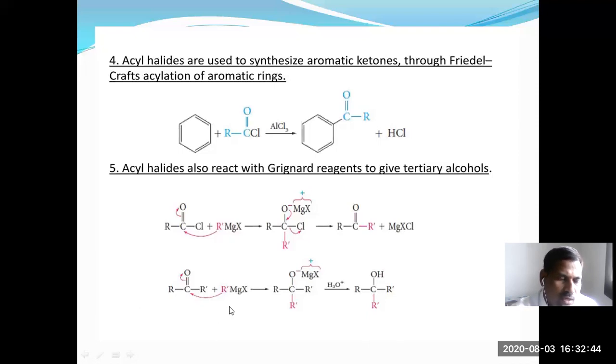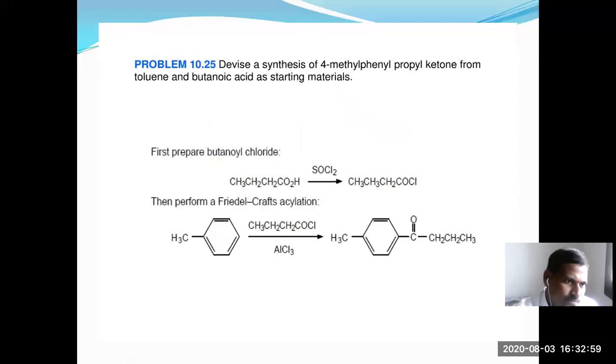That ketone reacts with another mole of Grignard reagent, alkyl magnesium halide, followed by hydrolysis, and the tertiary alcohol is formed.